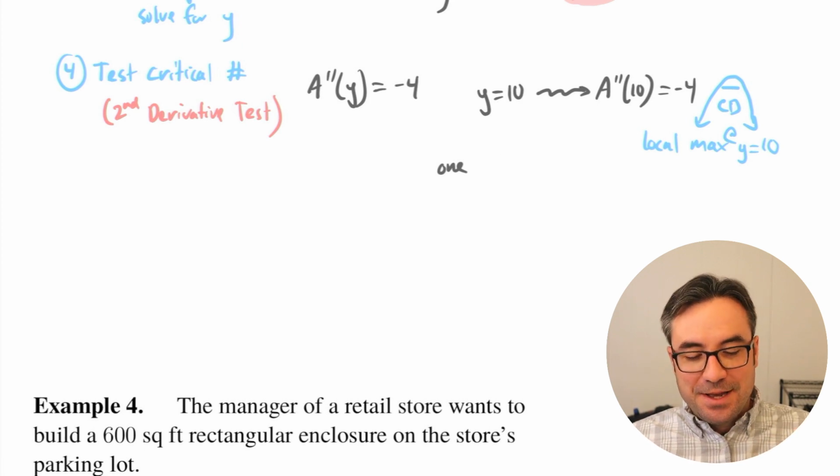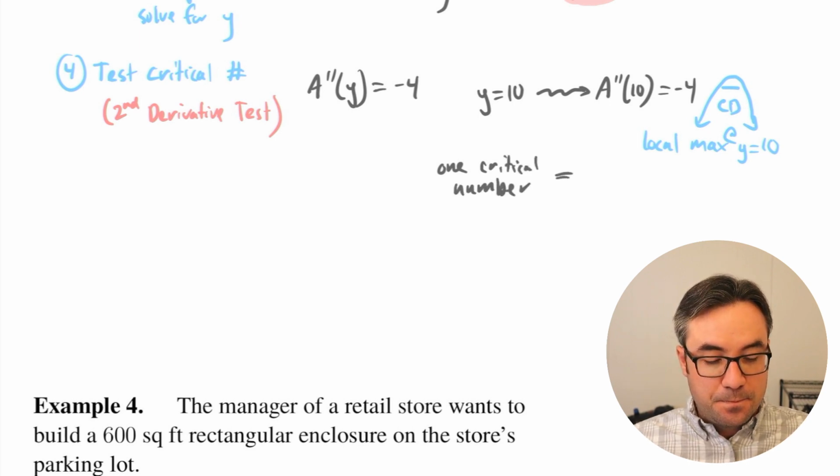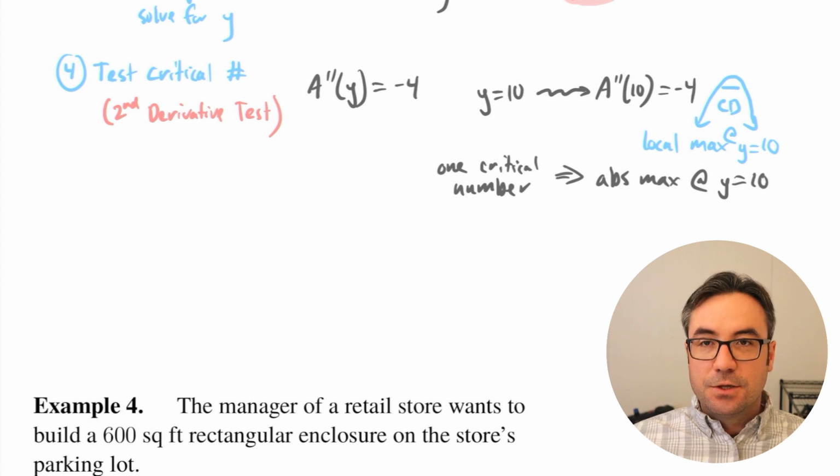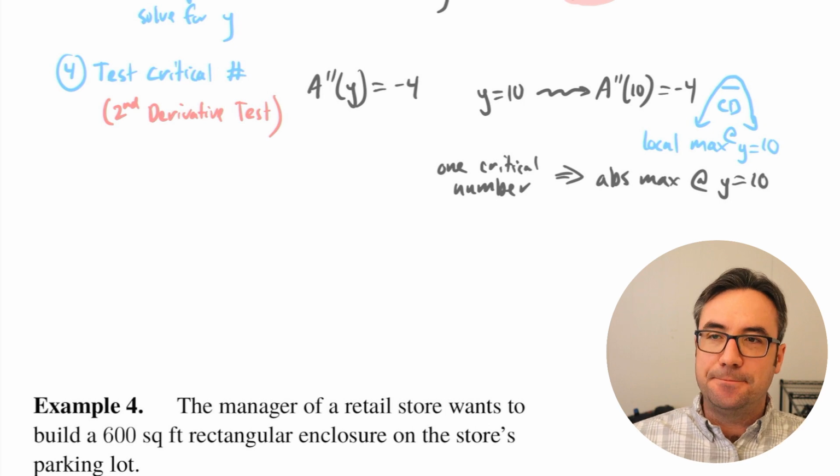One critical number means this is actually stronger. We have an absolute max at y equals 10. So our largest area is going to happen when y is equal to 10.